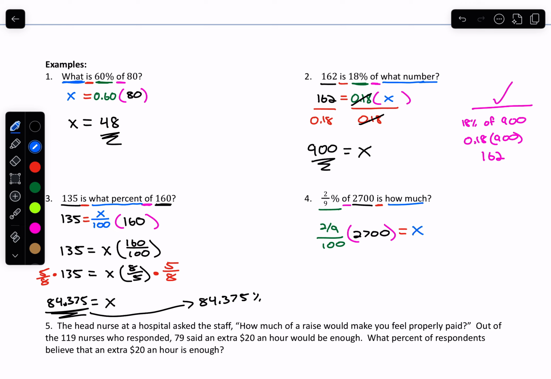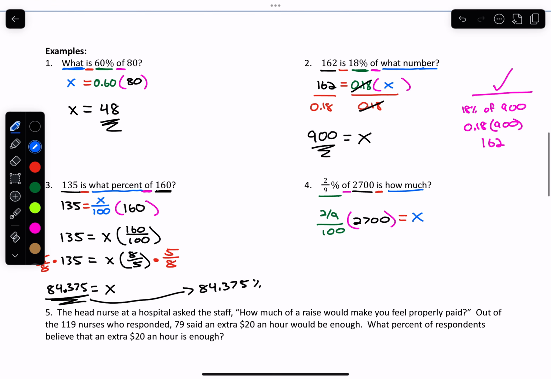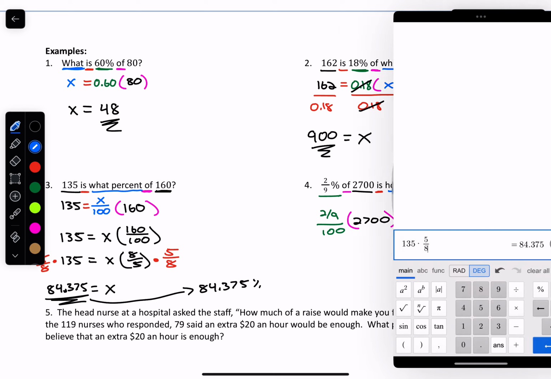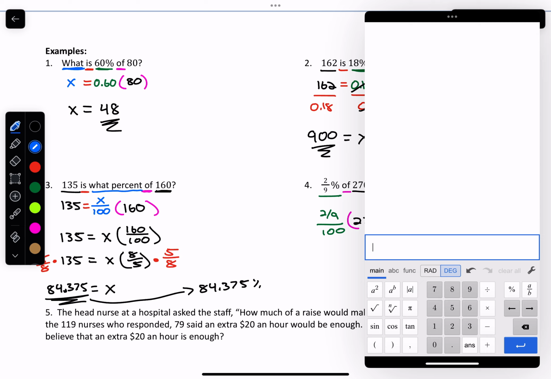So now all we have to do is simplify that left side. We could do this one by hand pretty easily, to be honest with you, because 2,700 divided by 100 is just 27, and then 2/9 times 27 is just 6. So I know the answer is going to be 6, but we can go ahead and use a calculator. 2/9 divided by 100 multiplied by 2,700 just gives us 6.